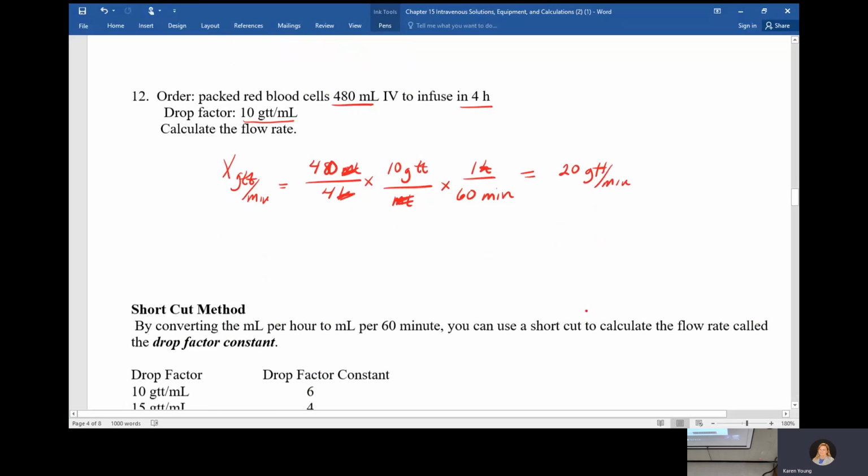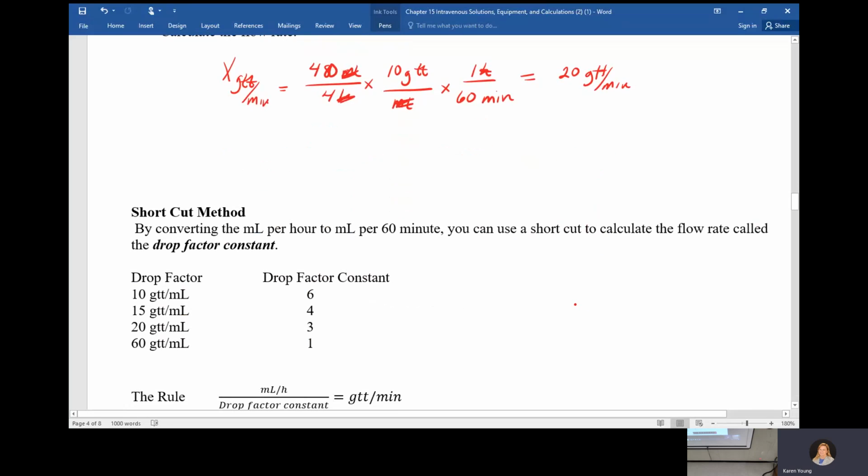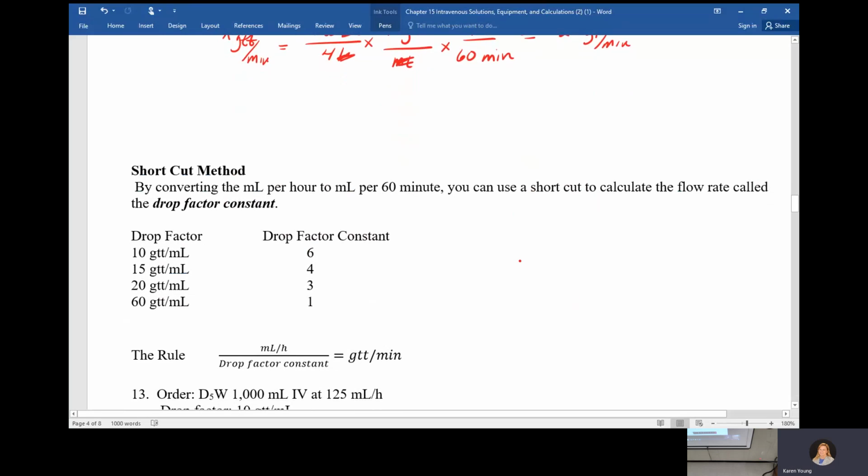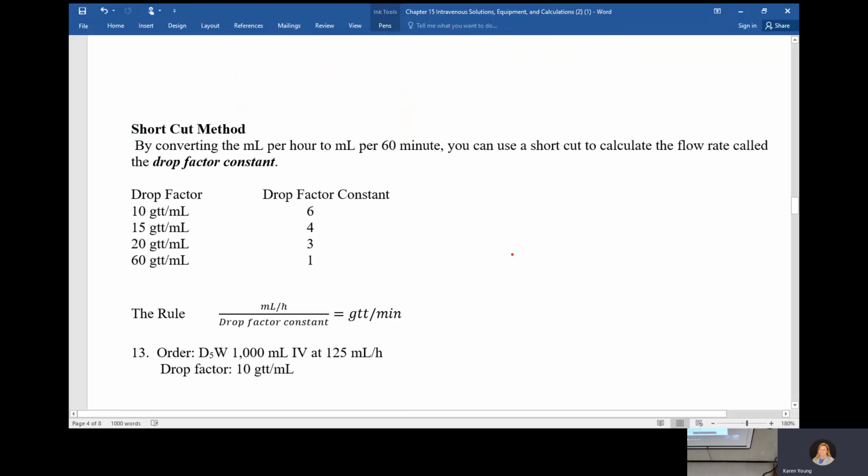The shortcut method uses what's called the drop factor constant. We've been kind of doing the conversion for it. If I take 10 drops per milliliter times the 1 hour over 60 minutes, nothing cancels, but this is how they converted it, because the rate is usually something over 1 hour.